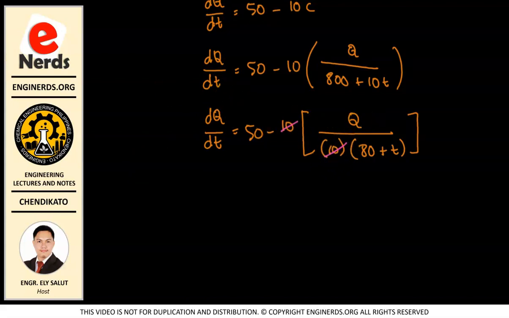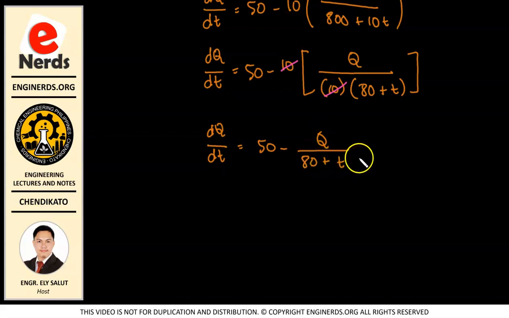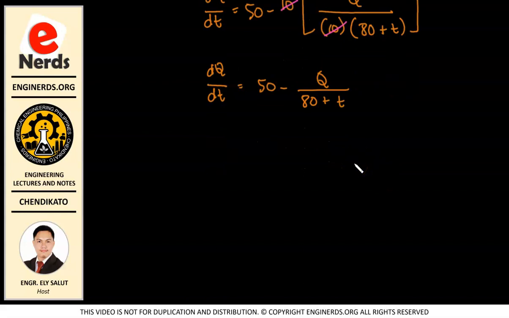Okay, so ano yung may iwan sa atin dito? We will have dQ over dt is equal to 50 minus Q over 80 plus t. Okay, so now we are going to rearrange this. Lipat natin itong Q over 80 plus t sa left side ng ating equation. So we have dQ over dt plus Q over 80 plus t is equal to 50.